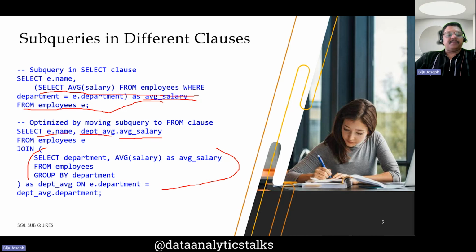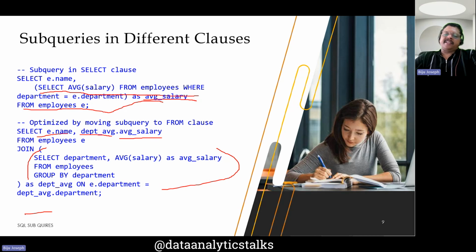So we are removing it from the select statement and making it a join table in the from clause. This is one other way of moving the subquery from the select statement to the from clause.